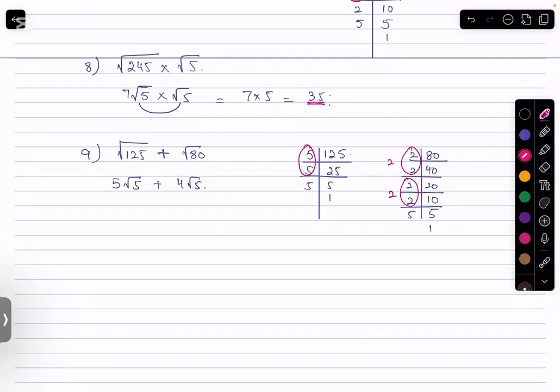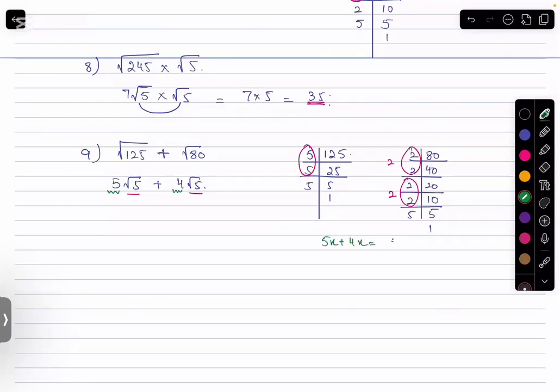Yes. ठीक है, और उसके बाद root 5 and a root 5, that's a common, right? So whenever you have a common, what you do is just add the coefficients. Just like अगर आपके पास 5x plus 4x दिया हुआ होता है, तो what do you say?